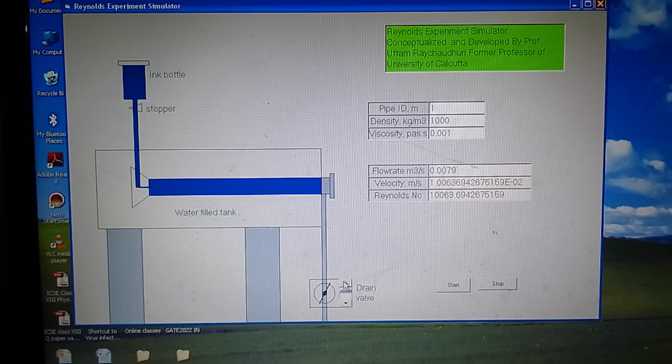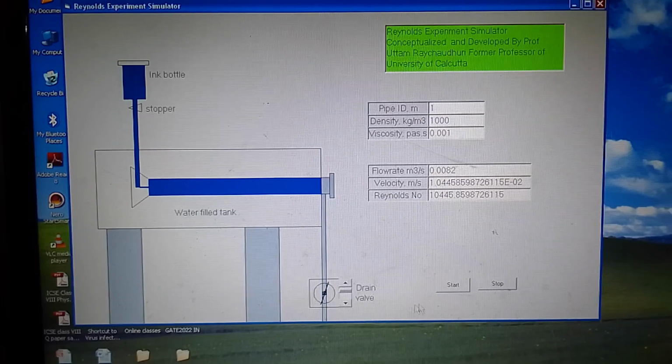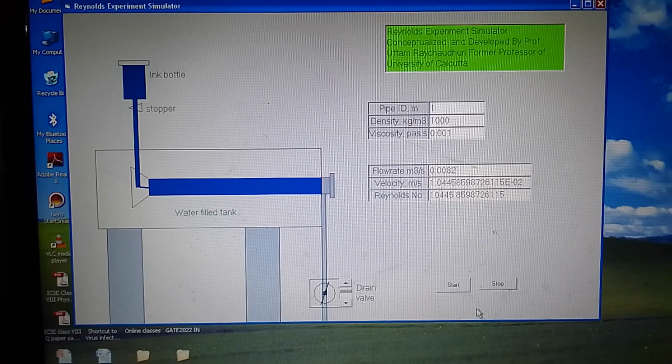Now it is completely turbulent, and the ink is thoroughly distributed throughout the pipe cross section, indicating that there are eddies and form friction, and as a result the Reynolds number indicates a highly turbulent flow. So that's the experiment. You can do it in your laboratory if you have not done it.